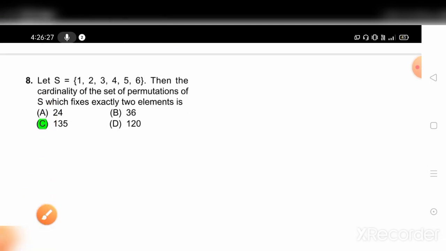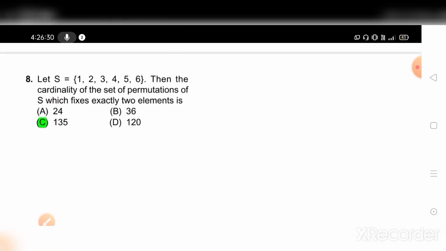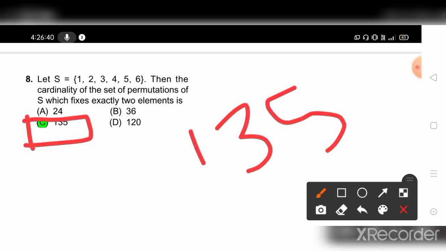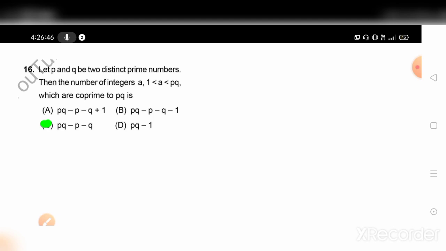Next question. Let S equal 1, 2, 3, 4, 5, 6. Then the cardinality of the set of permutations of S which fix exactly 2 elements: answer is 135. Let p and q be two distinct prime numbers.